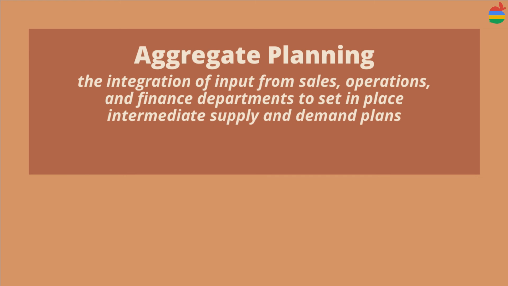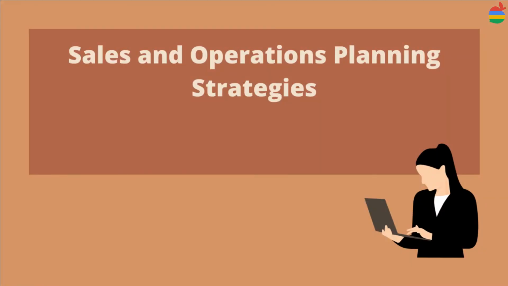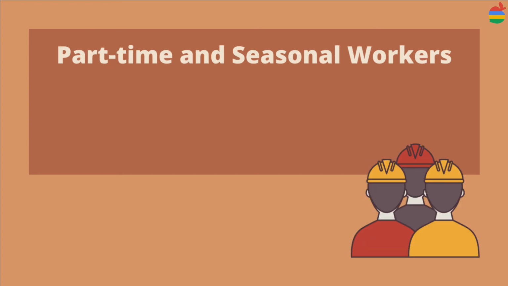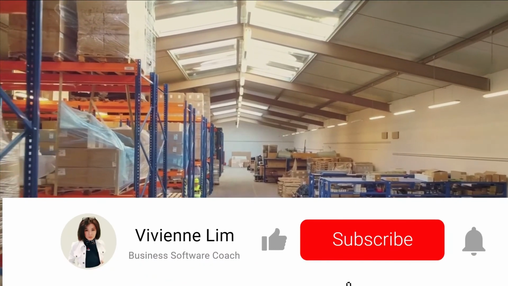It is also sometimes called aggregate planning, and is particularly useful for companies that experience seasonal or other variations in demand for their products. Strategies for sales and operations planning include overtime and undertime work, part-time and seasonal workers, subcontracting, and level production.